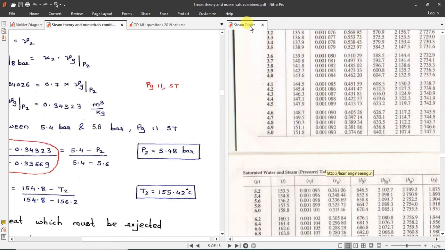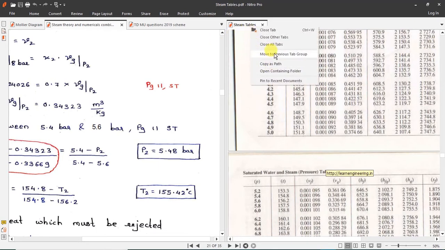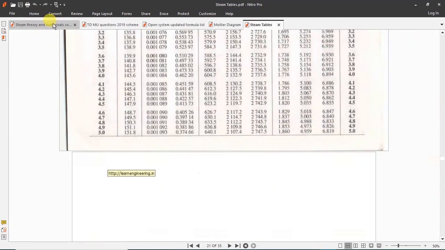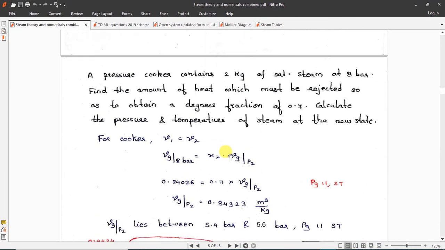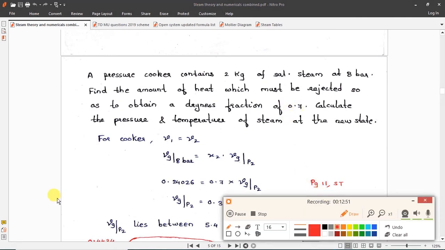Now what is the next part? Now we have calculated this one: calculate the pressure and temperature of steam at the new state. Now you should note that even though the dryness fraction is 0.7, I'll help you understand this again with the TS diagram.